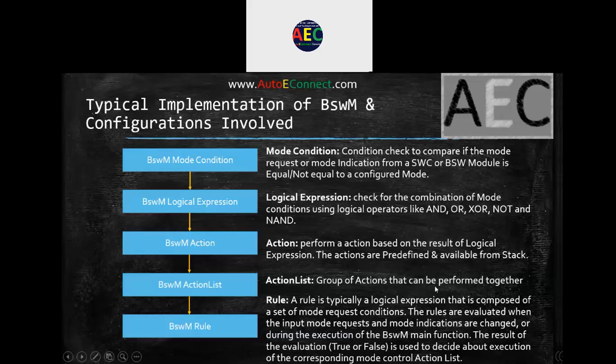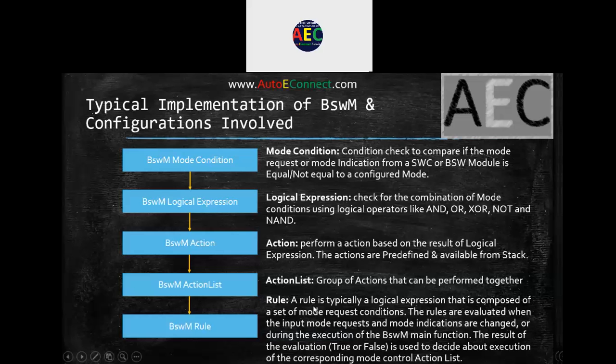This action list is nothing but a group of actions that can be performed together whenever a logical expression check passes or fails. Otherwise, the list of actions would keep on increasing, so just to bring them into order and optimize these actions, they introduced something called the action list. Once a logical check has passed or failed, if you have a list of actions to be performed, we list all of them in the action list.